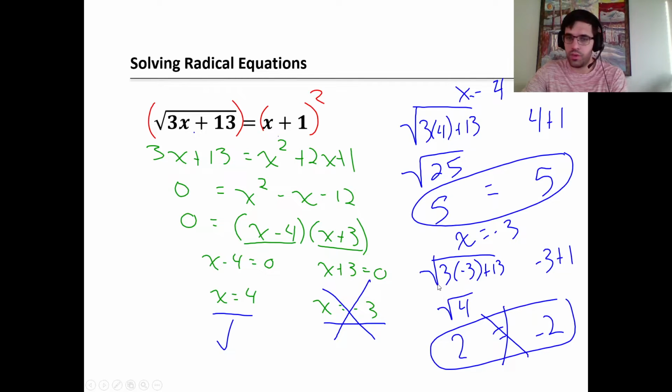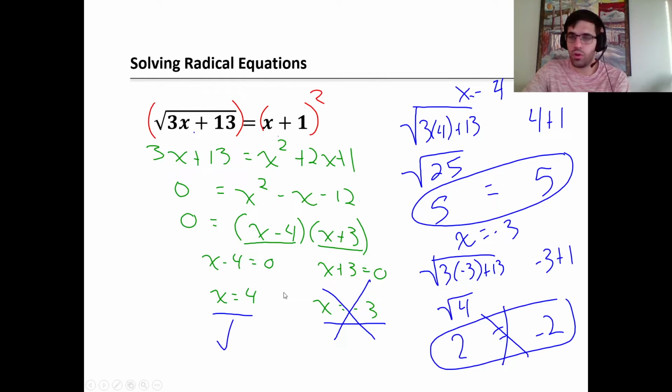On the left, we get 3 times negative 3 plus 13 is 4, and the square root of 4 is 2. However, on the right, if you plug in negative 3 for x, we get negative 3 plus 1, which is negative 2. And 2 does not equal negative 2, so this is an extraneous solution, so we throw out negative 3. And 4 is our only answer.